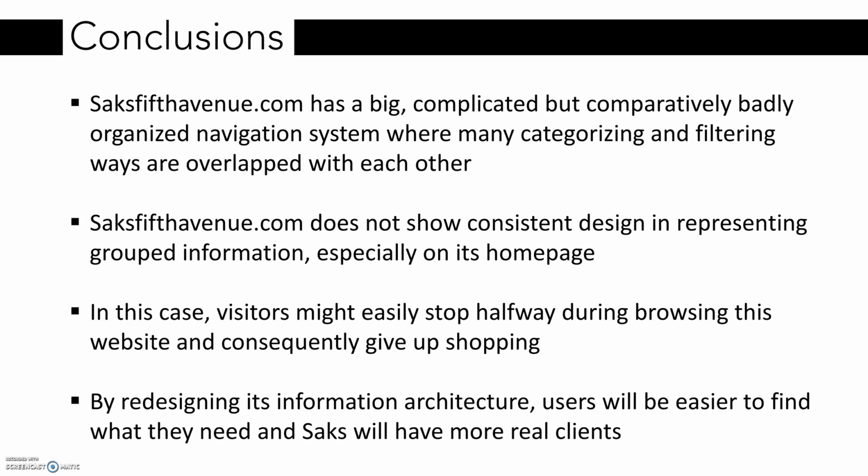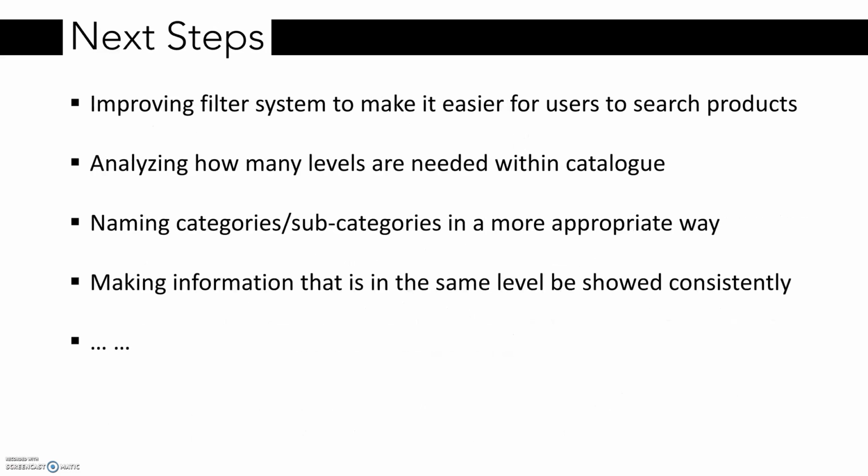By redesigning its website, especially from the information architecture perspective, I suppose users will find what they need more easily, and Saks will have more real clients. In my opinion, to make the Saks website better to use, we need to improve its filter system in detail to make it easier for users to search products.